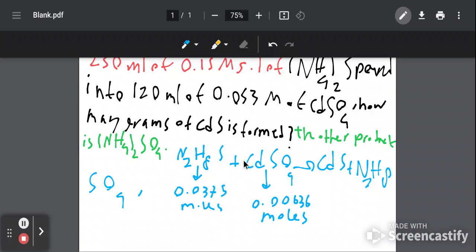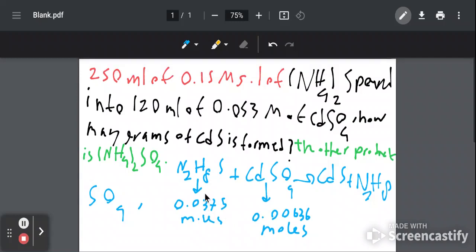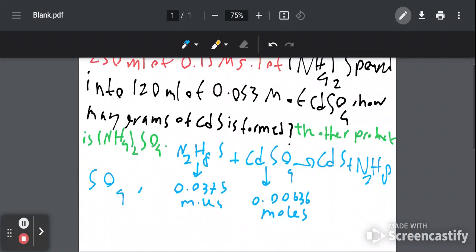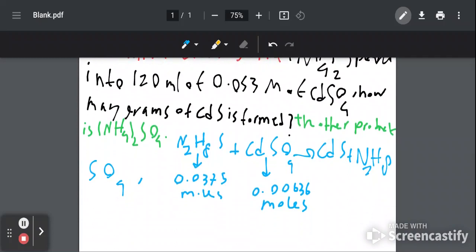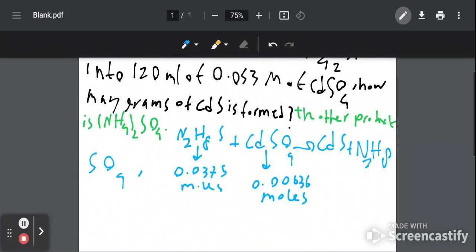But here, since the coefficients are just one and we're given the moles, we see that cadmium sulfate is the limiting reagent because its number of moles is much smaller than that of N2H8S.